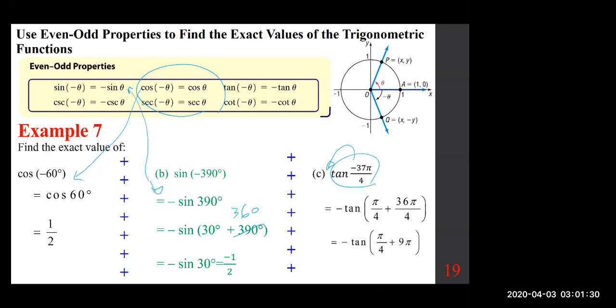So this is the same as negative tan pi over 4, which is negative 1. Sounds good, everybody? Any questions? No, I got it. Perfect.